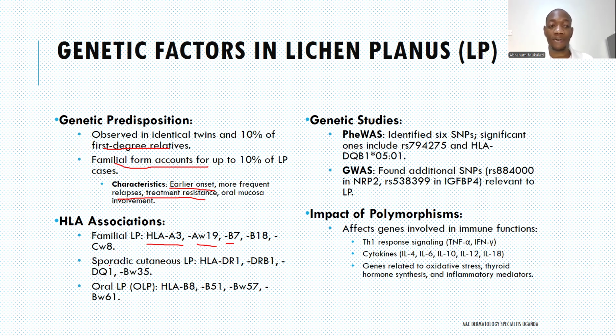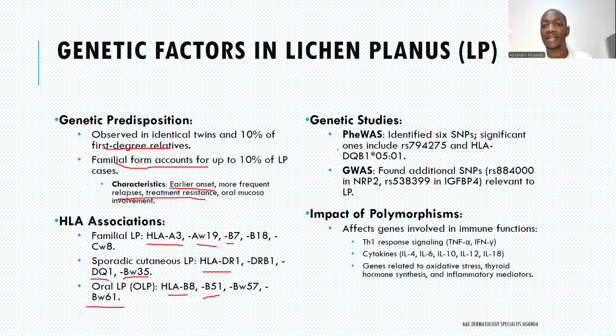And we can also get sporadic mutations like HLA-DR1, HLA-DQ1, and then HLA-BW35. Then in generalized lichen planus, we have an association with HLA-B8, B51, BW57, and then BW61. So these are the human leukocyte antigens that have been linked to lichen planus.